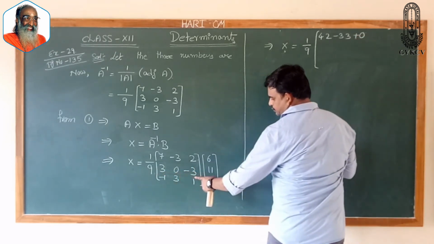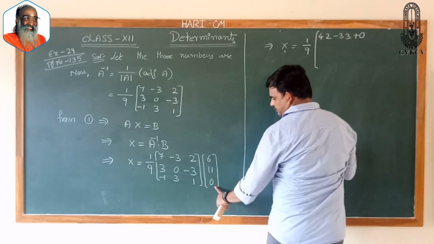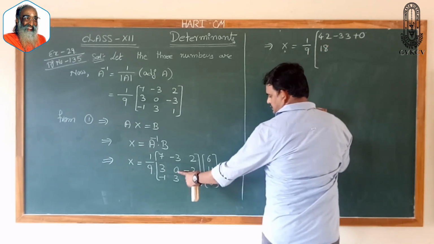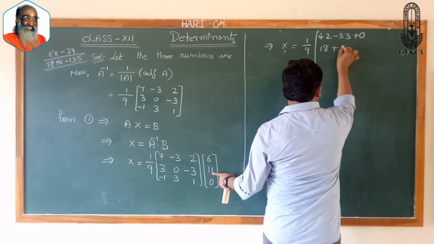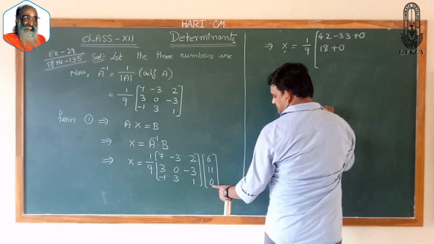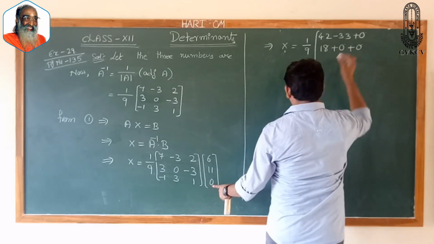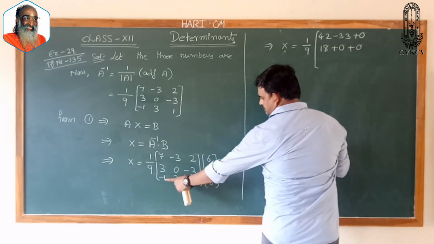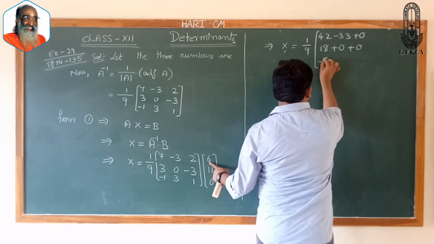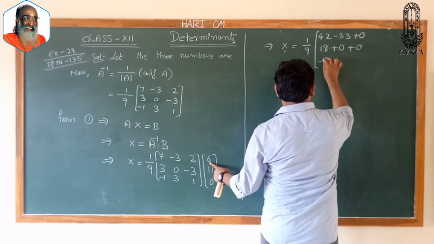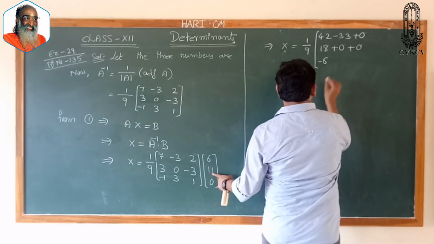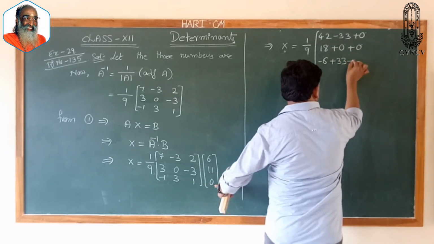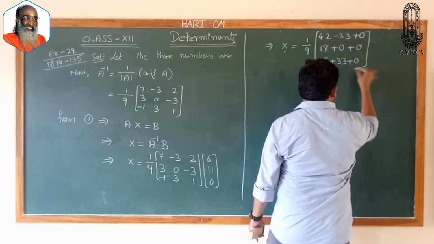Now the row 2 elements will multiply with the column. 3 into 6, 18, 0 into 11, 0, minus 3 into 0, 0. Now the last row will multiply with the column. Minus 1 into 6, minus 6, 3 into 11, plus 33, 1 into 0, 0.